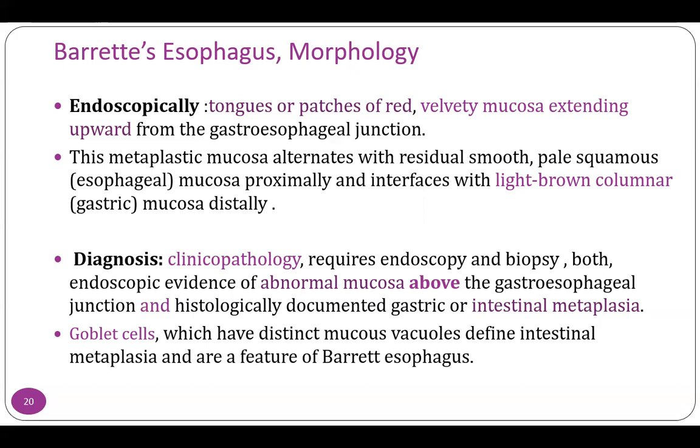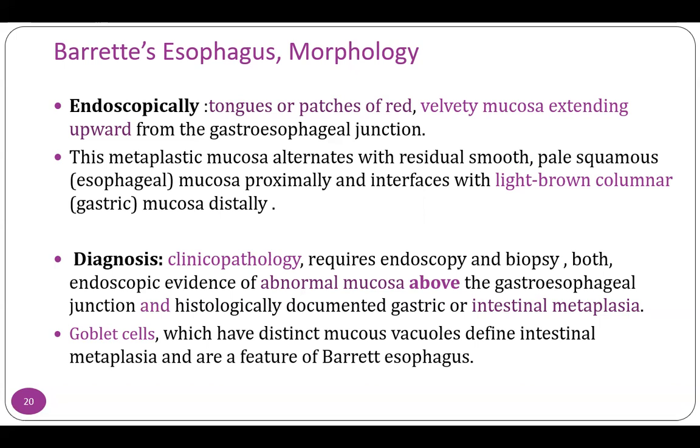This is what we see in the endoscopy, in the lower part of the esophagus. Tongues or islands or areas of dark, light brown, dark color, congested, whatever, a change in the normal grayish white mucosa. This is the endoscopy. And we know the patient has a long story of reflux disease. This is the clinical scenario of Barrett.